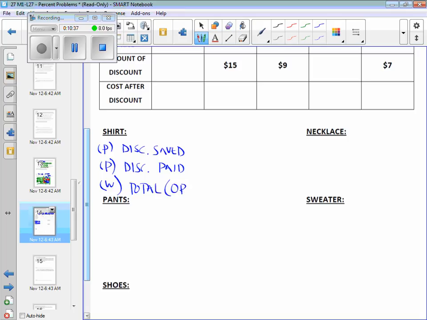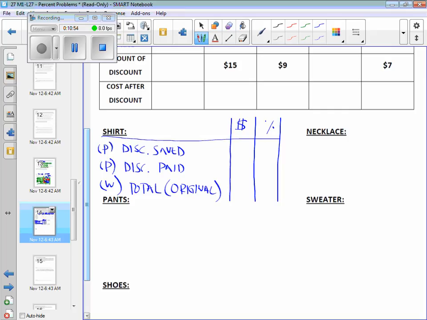I will for the test. So that's the first part. Then as usual, a column for dollars and a column for percent. There it is. Okay.